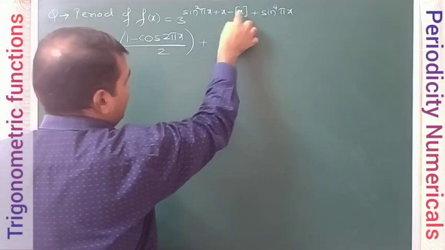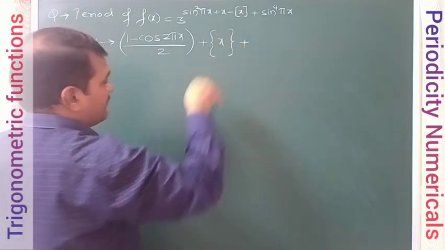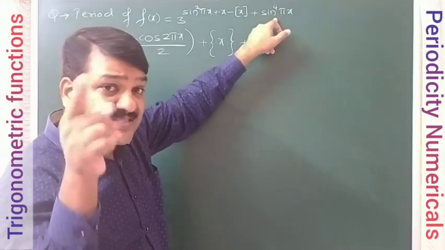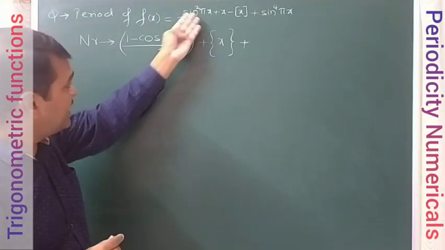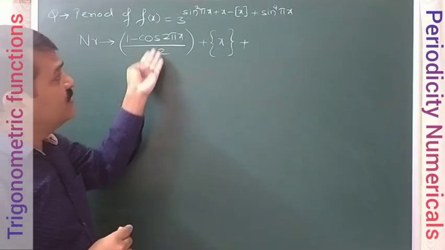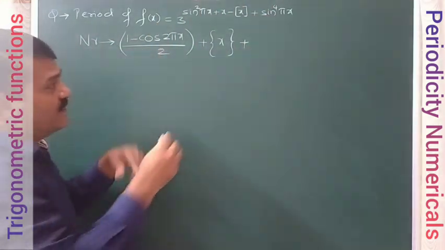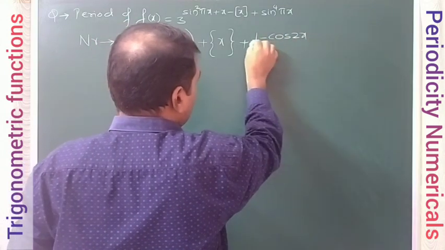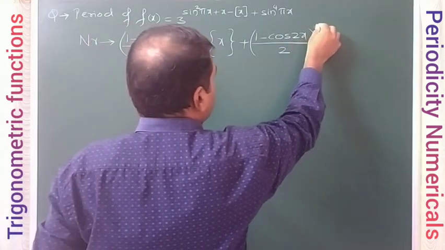Next, x minus step x can be written as the fractional part of x. Next, sine power 4 pi x you write as sine square pi x whole square. What is sine square pi x? Already we have written it here. So 1 minus cos 2 pi x by 2, whole square.